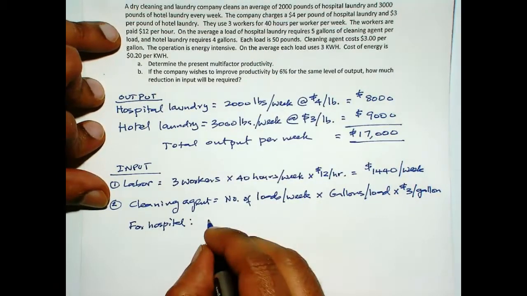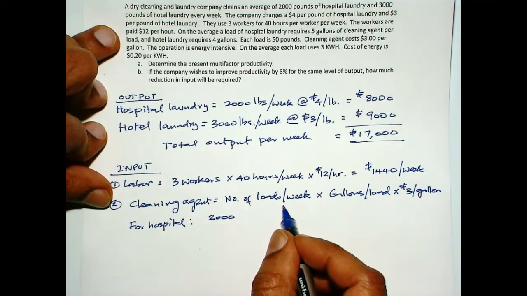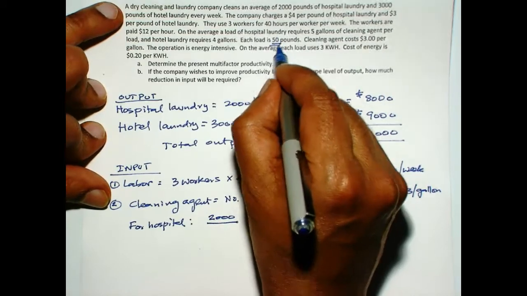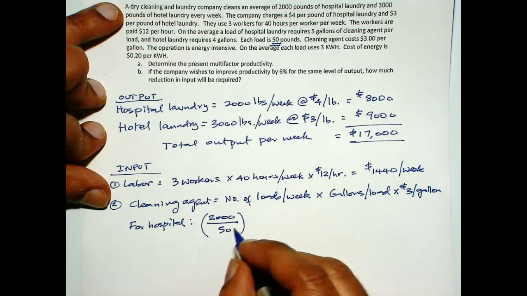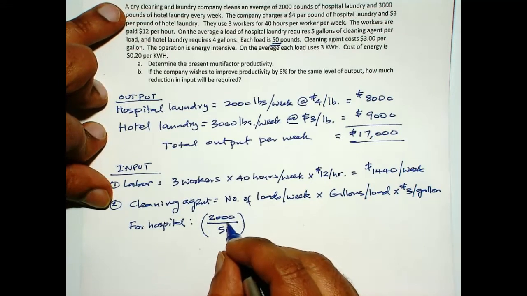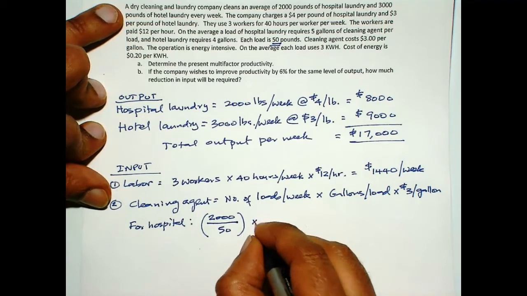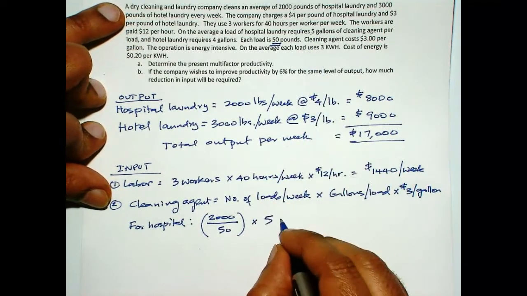So if you divide 2,000 by 50, that will give us the number of loads for hospital. Then times 5 gallons per load, times $3. So that gives you $600.